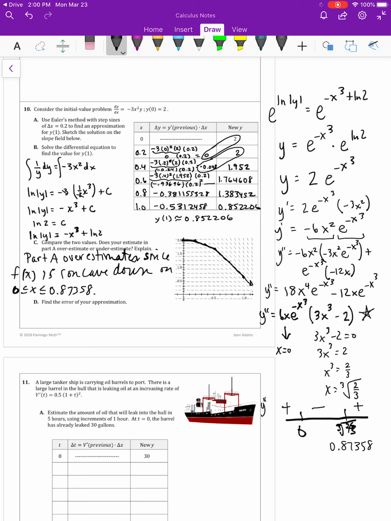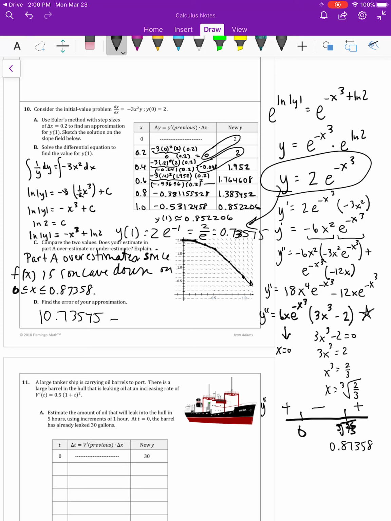And then it went on to say that the tangent line lies above the actual function, but does say that it's an overestimate. And then it asks you to find that error at the end, and you just took the absolute value of, because up here, I forgot that I was supposed to find my y of 1 once I found my function here. So my y of 1 was 2 times e to the negative 1, which was 2 over e, which was 0.3575.